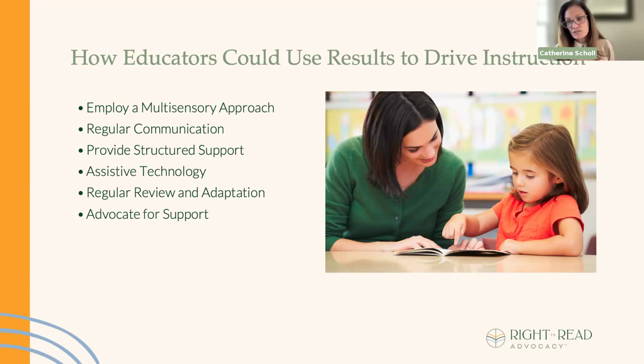We know from the testing, maybe they're not a visual learner. Maybe they're not an auditory learner, right? So we're going to implement a multi-sensory approach so that the child can access the material. So it's not that they can't access it. We have to give them the tools to access that material.